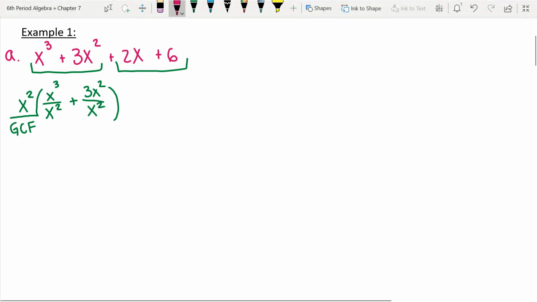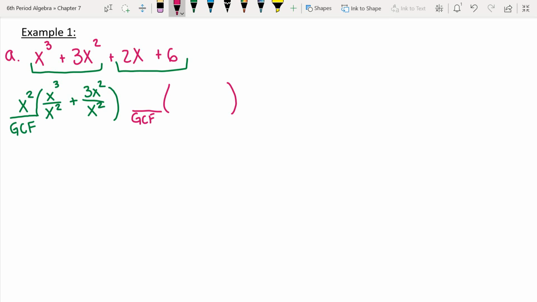So pretending like x cubed plus 3x squared isn't there, I'm going to look at 2x plus 6, and look for, within that pair of terms, is there a GCF? Again, our GCF goes on the outside of parentheses, and I'm being extremely clear by labeling what a GCF is.